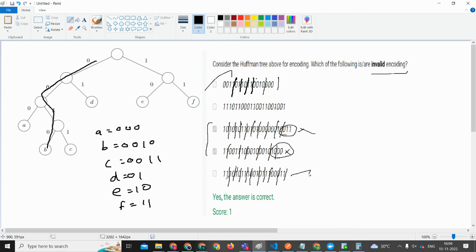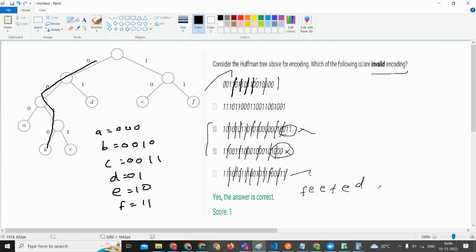If you want this to be written in letters, let's read it. F. Next is 10, which is E. Next is again 10, which is E. Next is 11, which is F. Then I have a 10, which is E again. What else do I have?